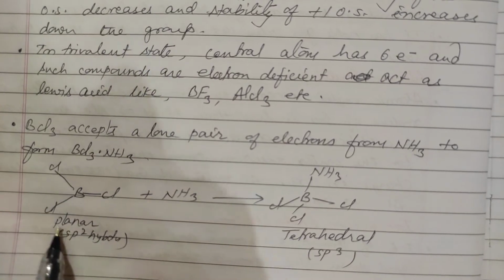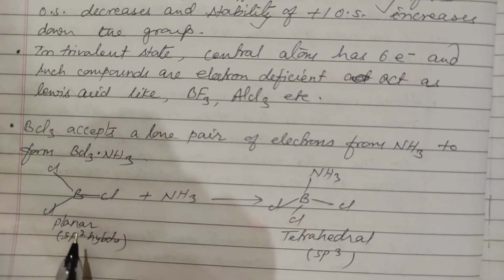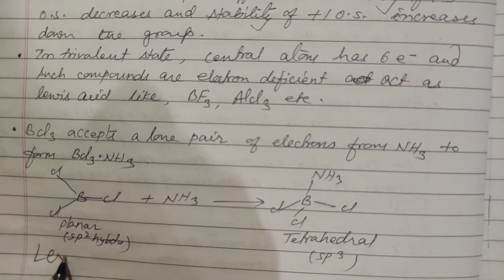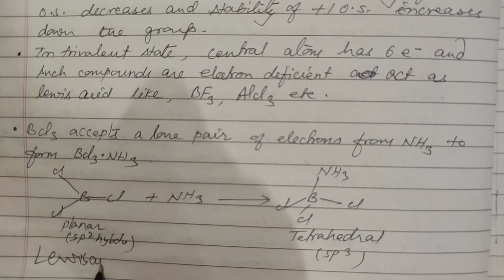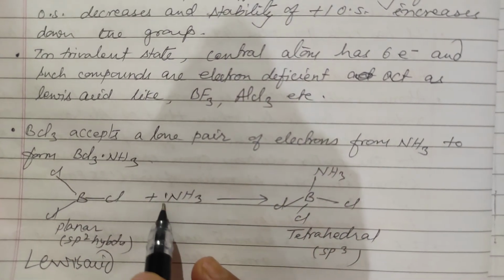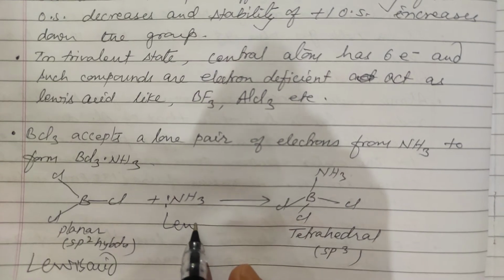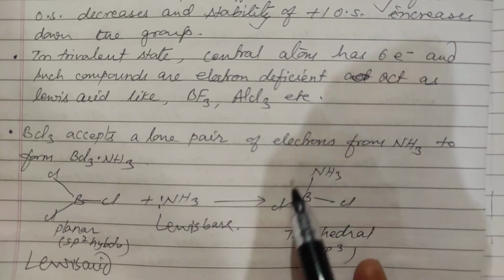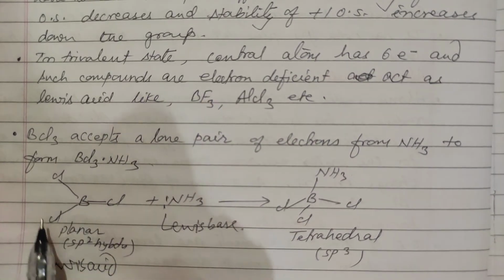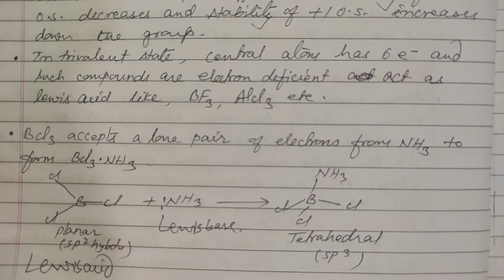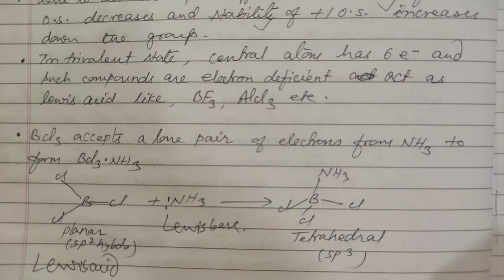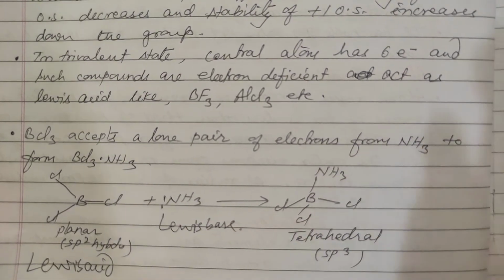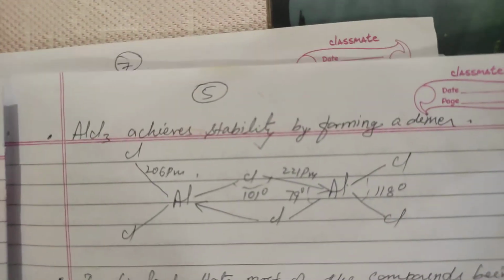BCl3 has a planar shape, sp2 hybridization, and is a Lewis acid, and NH3 has a lone pair of electrons, so it is a Lewis base, forming a tetrahedral shape. So planar BCl3 can be converted to tetrahedral BCl3NH3.